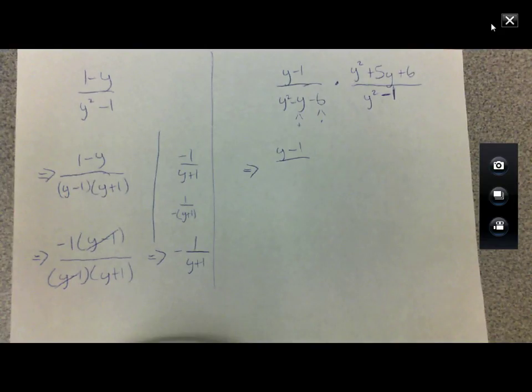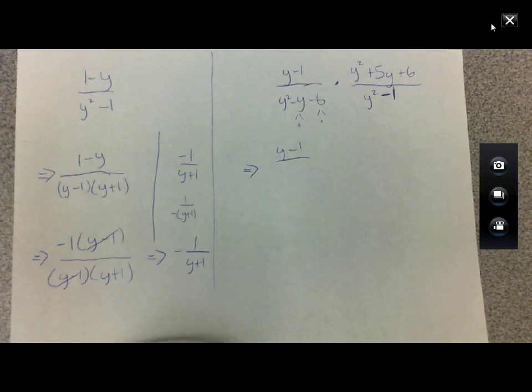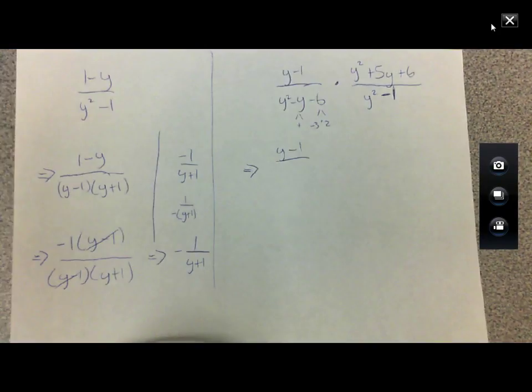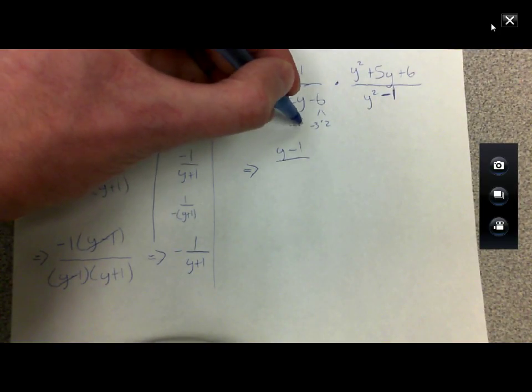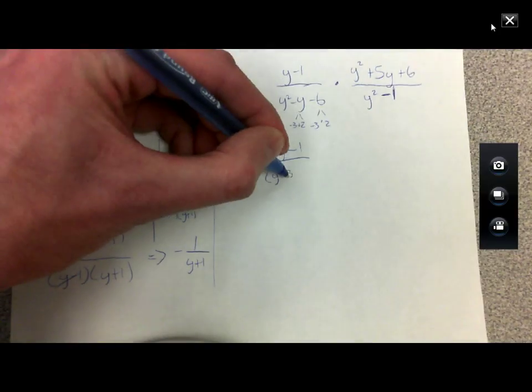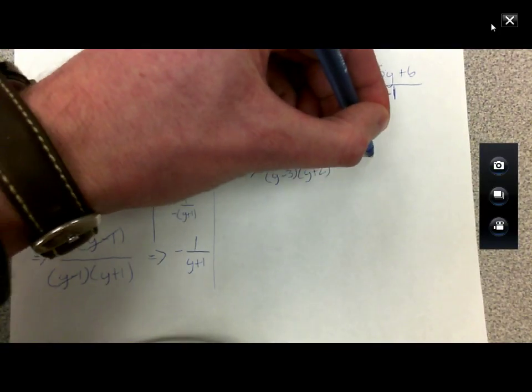Remember, even though there's not a 1 right here, you could always imagine there being a times 1. So I'm going to go with negative 3 times 2 is negative 6, and negative 3 plus 2 would be negative 1. So I can factor this to y minus 3 and y plus 2.